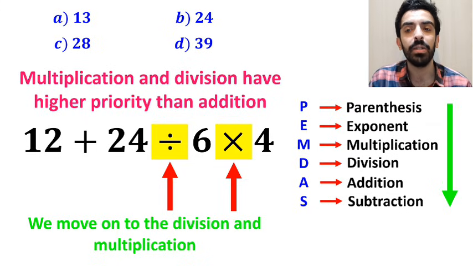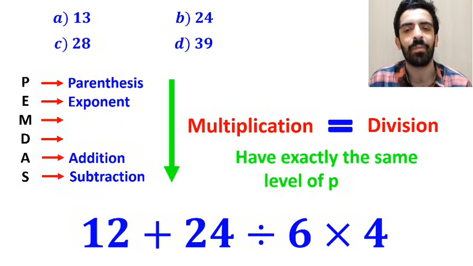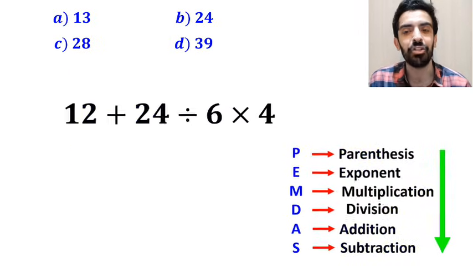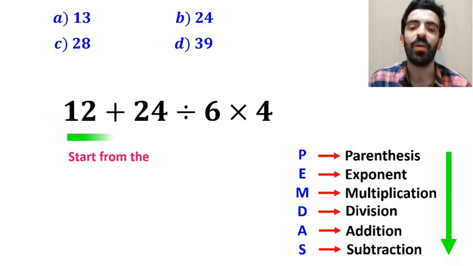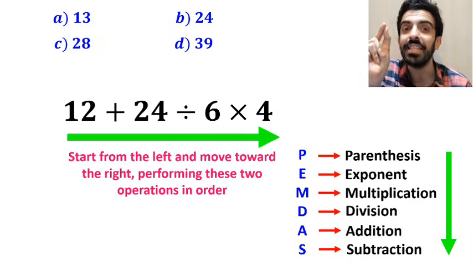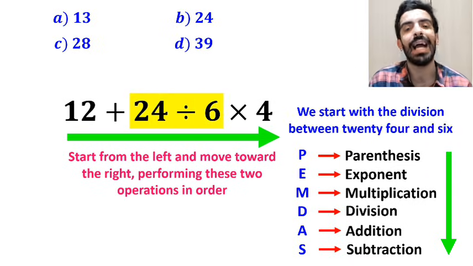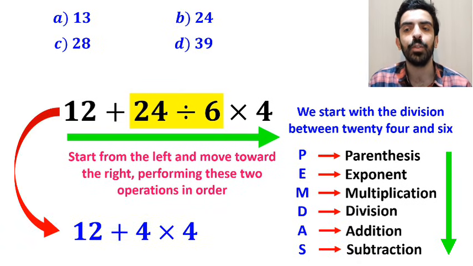However, it's really important to understand that multiplication and division have exactly the same level of priority. In this situation, the best approach is to start from the left and move toward the right, performing these two operations in order. So, first we start with the division between 24 and 6, which simplifies this expression to 12 plus 4 multiplied by 4.